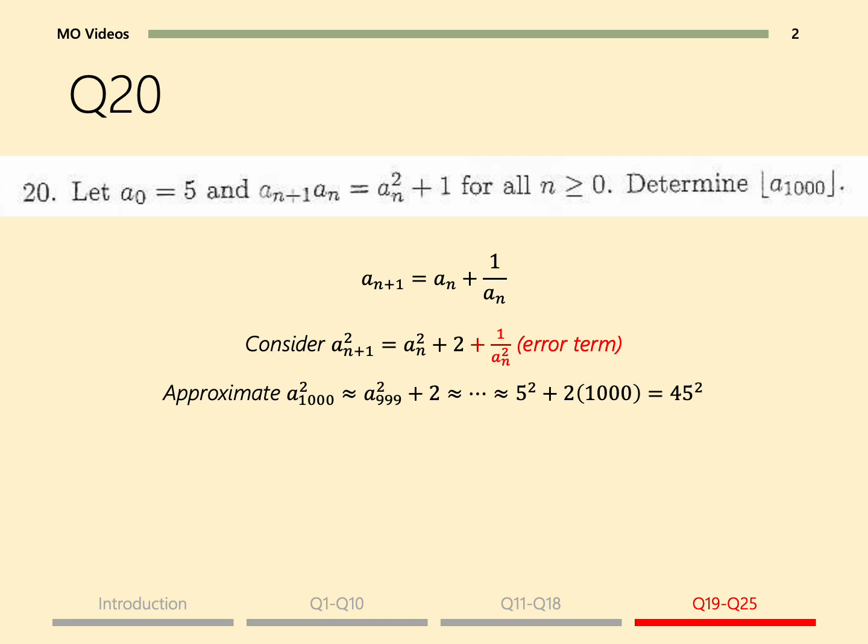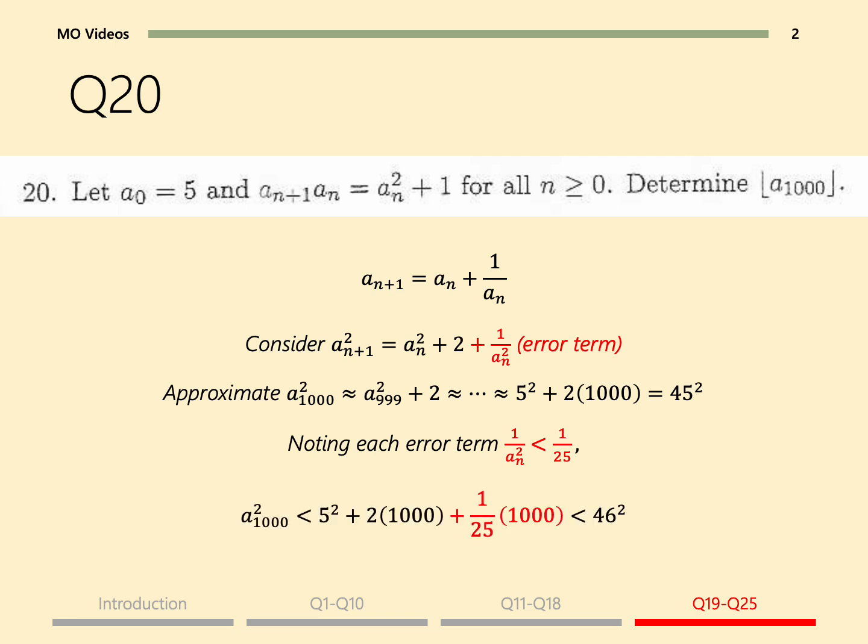And now all there is left to do is to verify that the error terms 1 over a_n squared do not add up to a value that would make our approximation invalid. And so we do this by bounding each error term under 1 over a_0 squared, since the a_n's are increasing, which is 1 over 25.